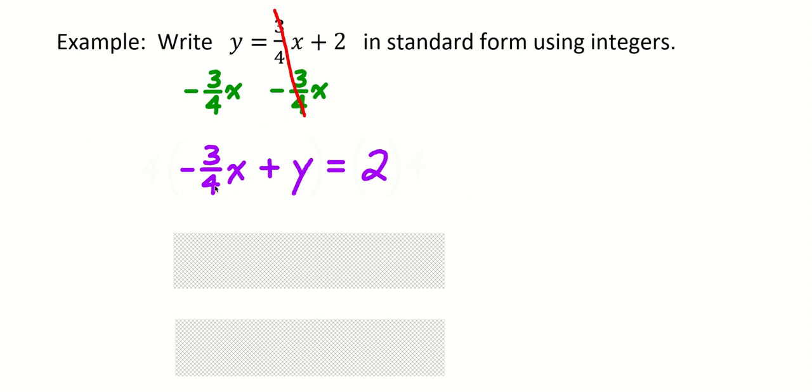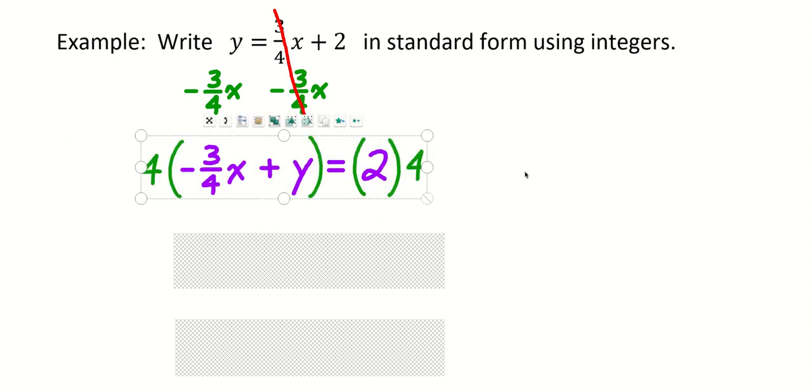So how do I go about rewriting this where this is no longer a fraction? I'm going to multiply both sides by whatever's going to clear the fraction. So what do I multiply by to basically clear this denominator? Well, 4.